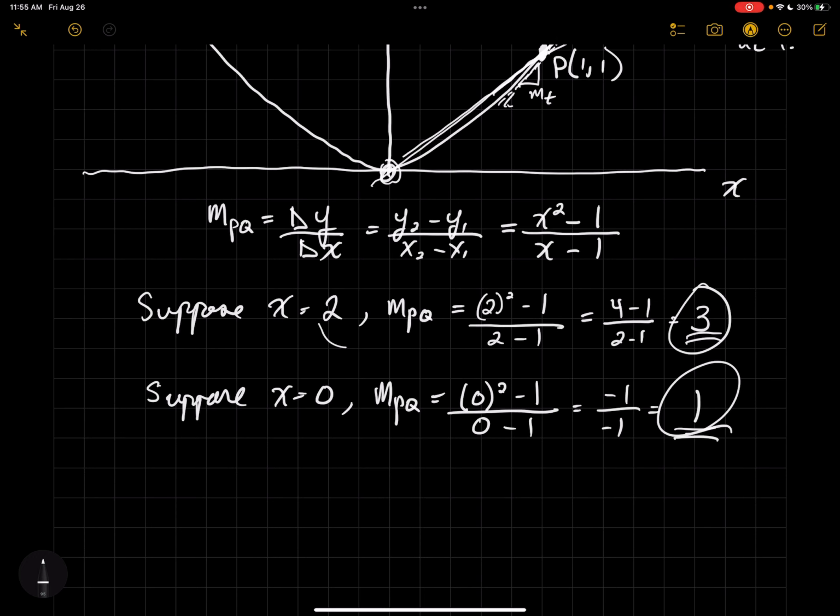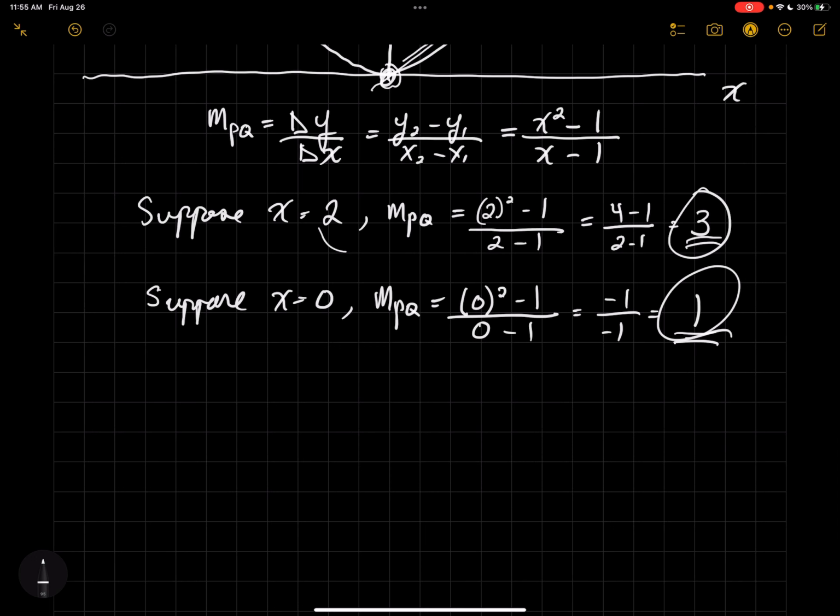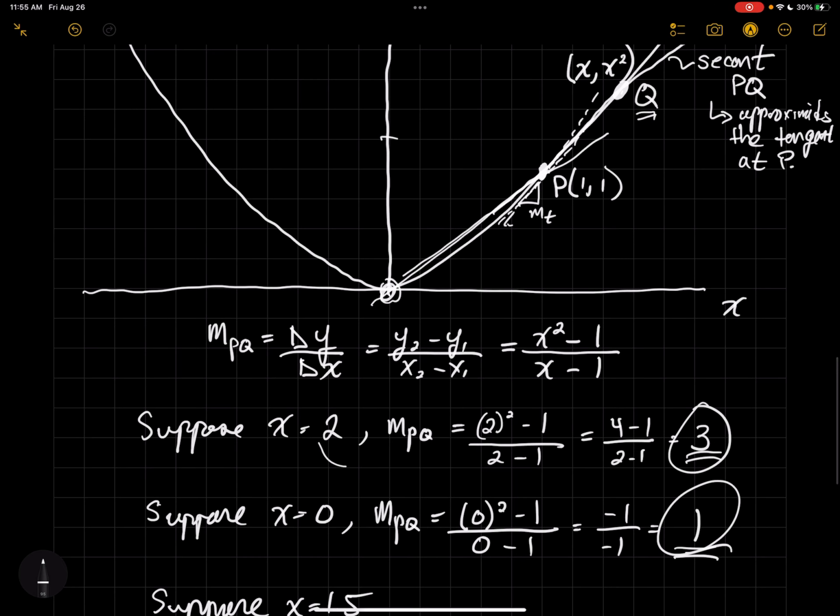Rather than move away from P by 1 unit, let's move away by half a unit. So let's instead fix point Q at x equals 1.5. Now Q is somewhere between P and the original point of Q, where x was equal to 2.